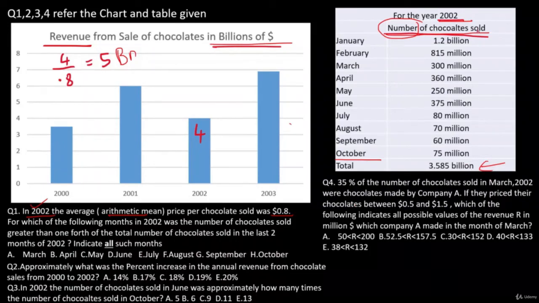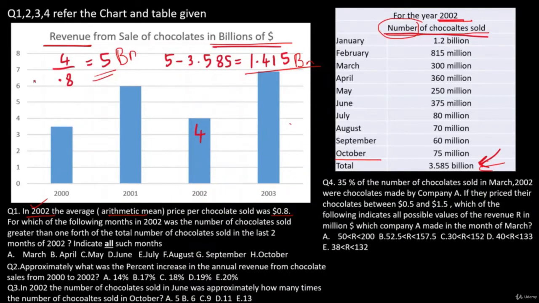Therefore, the number of chocolates sold in November and December together has to be the difference between 5 and 3.585, right? So 5 minus 3.585 is equal to 1.415 billion. So in the last 2 months together, that is November, December together, 1.415 billion chocolates were sold.